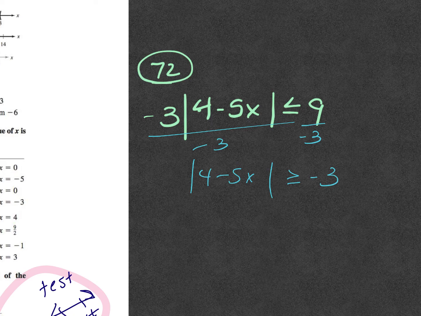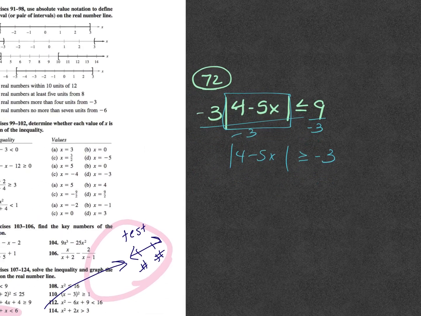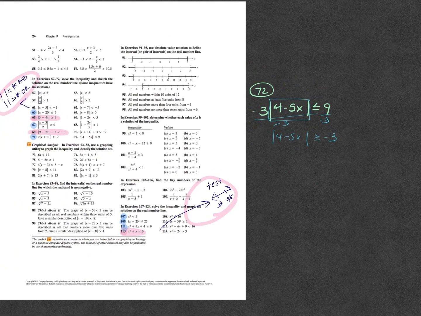Which is that's all real numbers scenario, because every absolute value will be greater than or equal to -3. But yeah, you want to wait until it's completely on the side by itself to determine if it's and or. And remember, dividing or multiplying by a negative number is going to flip it.